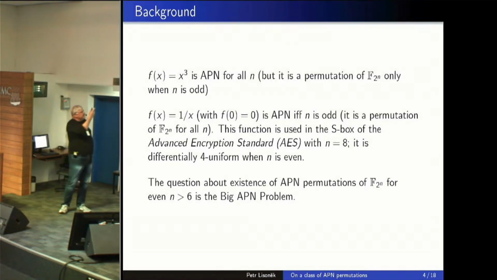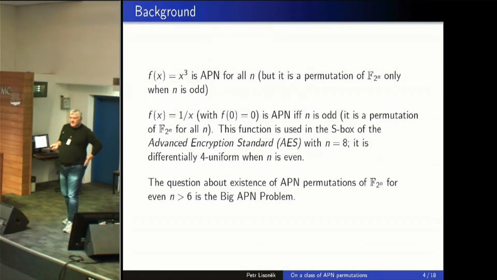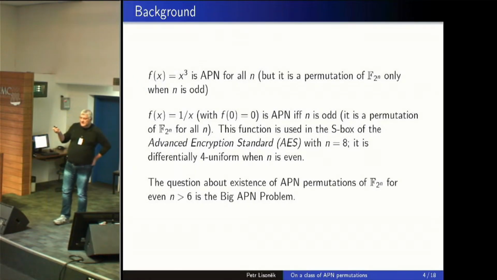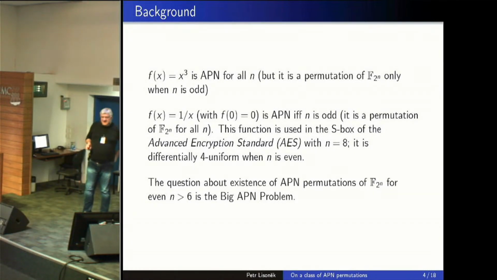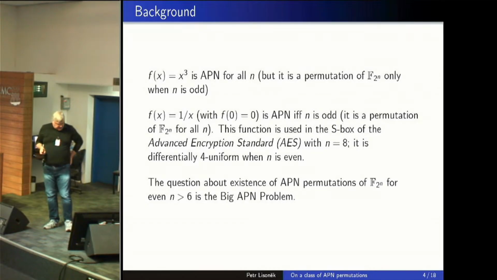So it seems from the first 2 examples that it's hard to satisfy both the evenness of the dimension and the APN permutation property. Famously, this was achieved in dimension 6, but in no other even dimension yet.